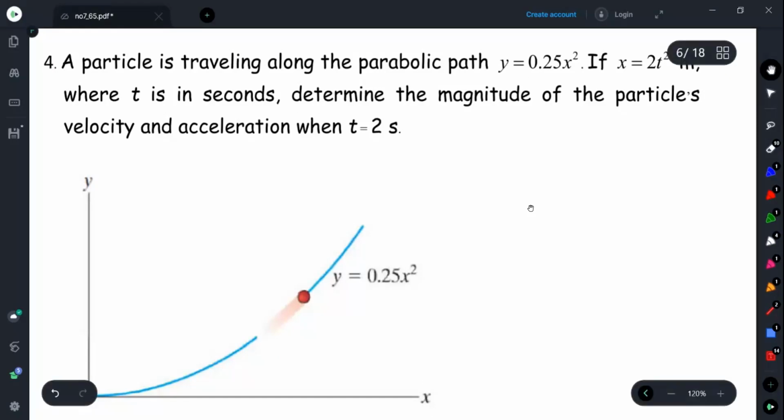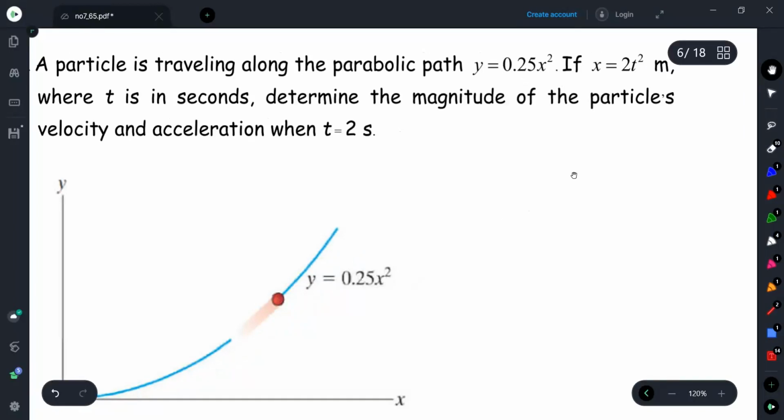In this problem the path is y as a function of x: y equals 0.25 x squared. And we know that the position x depends on time, so y also depends on time when we substitute x into y.